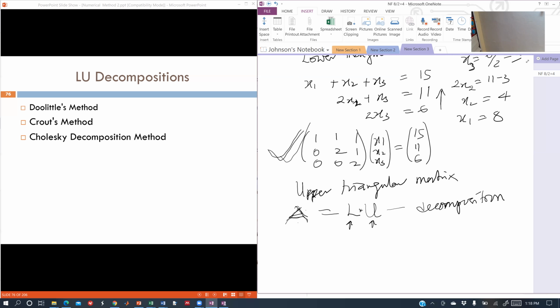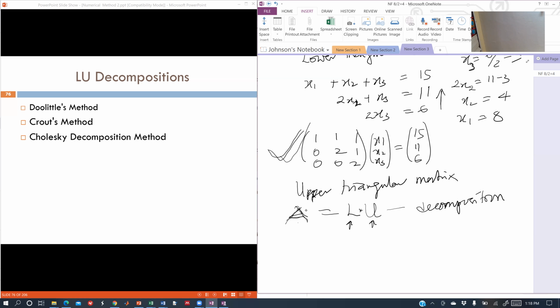The only difference is that some of them can solve some particular problems, and others cannot solve some specific problems. They all have different ways of decomposing the matrix into lower and upper triangular, but they follow the same general steps.